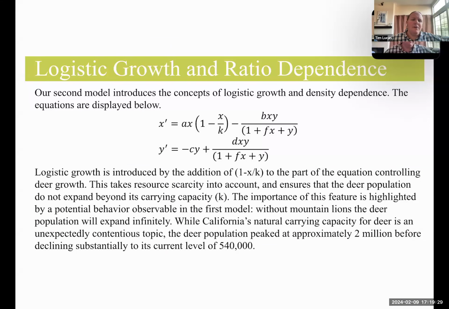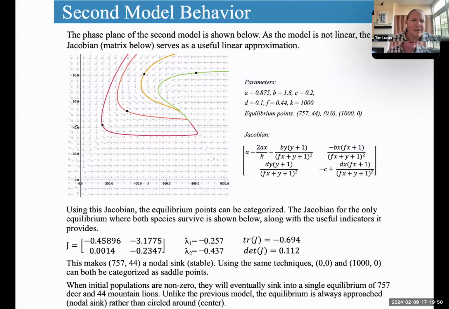Then they thought, okay, how can I change that general equation to something that's a new kind of model to explore? So they looked up what are called density-dependent predation terms. They explored this model and looked at the phase plane and other things. I'm going to show you what their phase plane looks like.